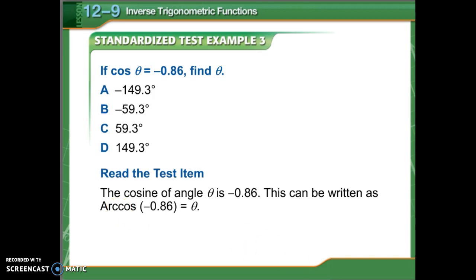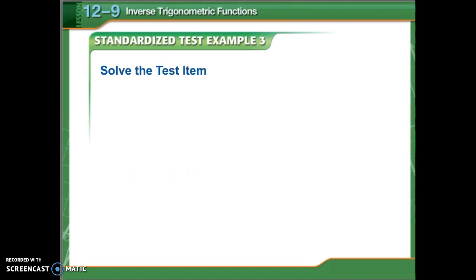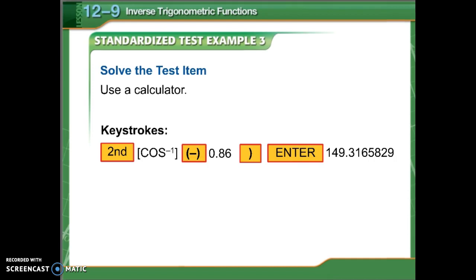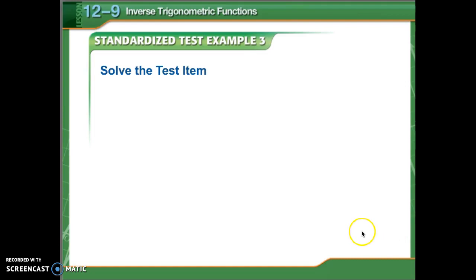And when you type that in your calculator, let's see what we get. It appears that we would get 149.3, and that answer, of course, would be in degrees. You could also convert that to radians if they asked you, but our answer choices were in degrees.